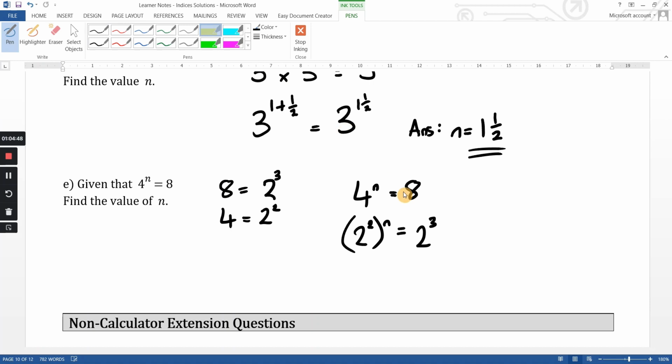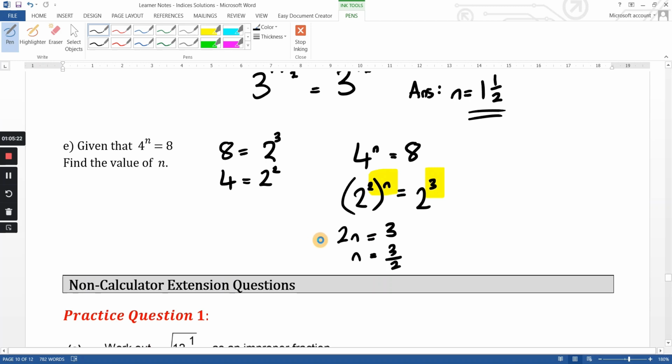Let me highlight it. So now 2n must be equal to 3. So if 2n equals 3, 1n is 3 over 2. Wow. Interesting, isn't it? How cool is that? That's a good one.